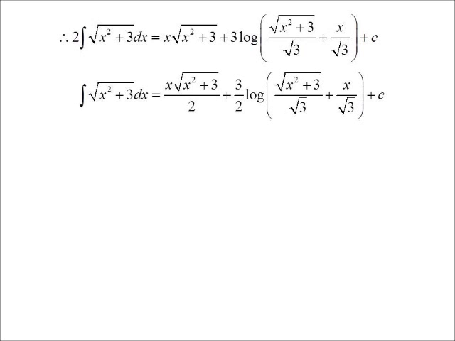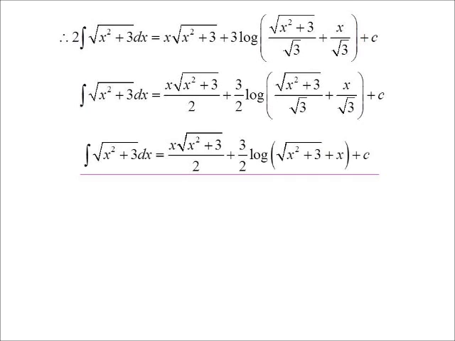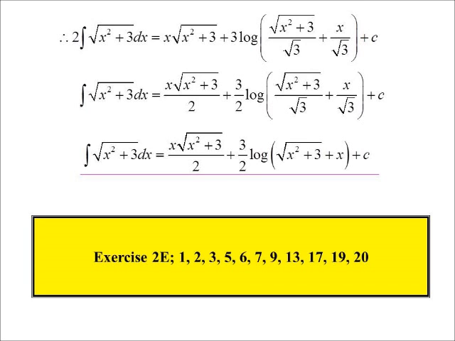I can divide everything by 2. In fact, I don't really need the square root of 3 on the bottom of the logs there. Get rid of them. Who wants them? Doesn't really matter if you put them there or not. I've just absorbed it as part of the constant. And there's the answer. I told you you were going to like that one.